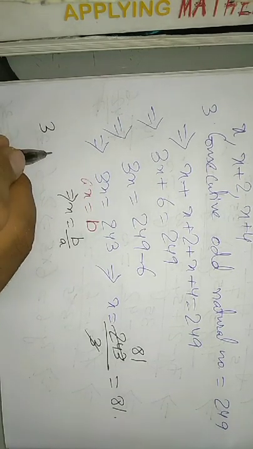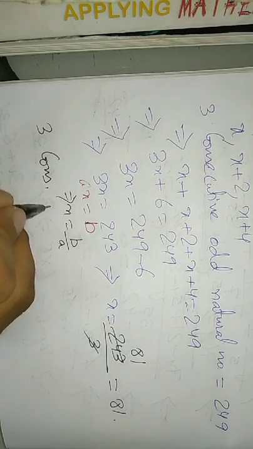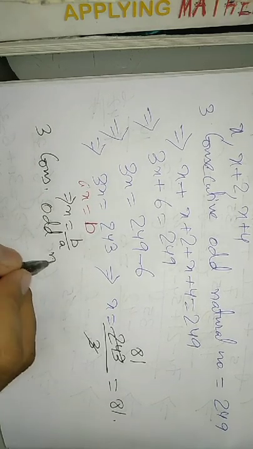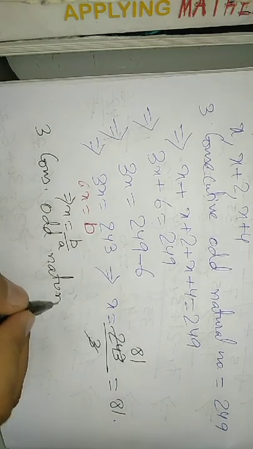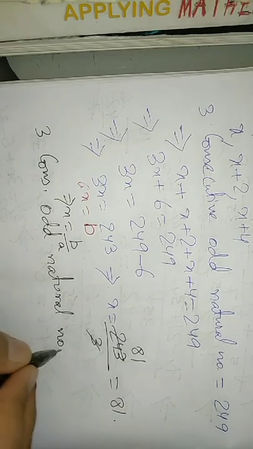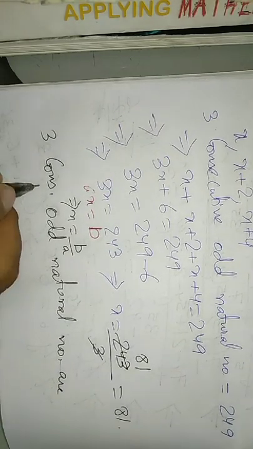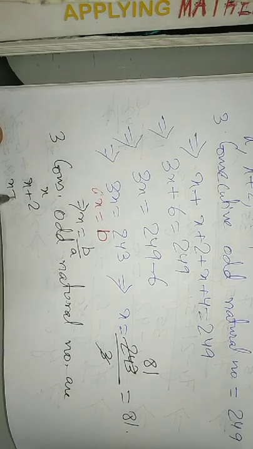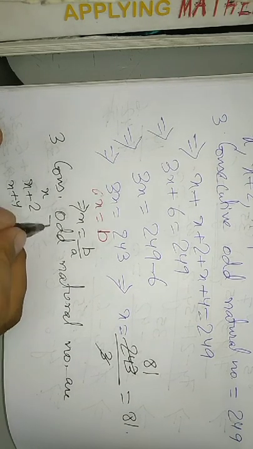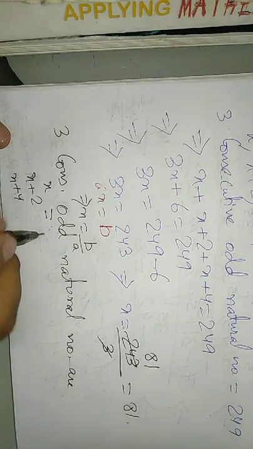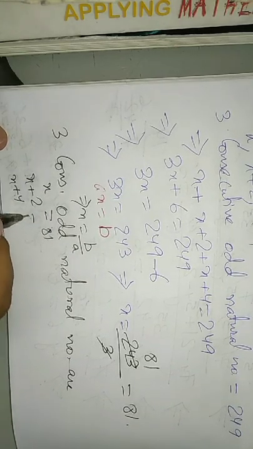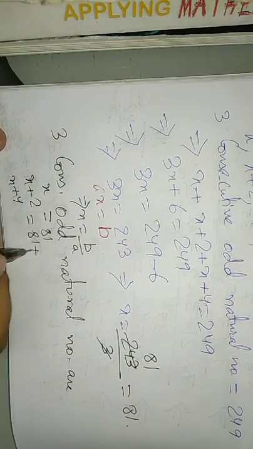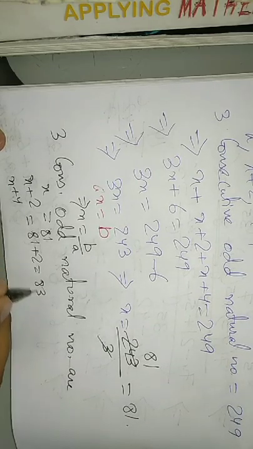So the three consecutive odd natural numbers are x, x plus 2 and x plus 4. What is the value of x? You got 81. x plus 2 is 81 plus 2, 83.